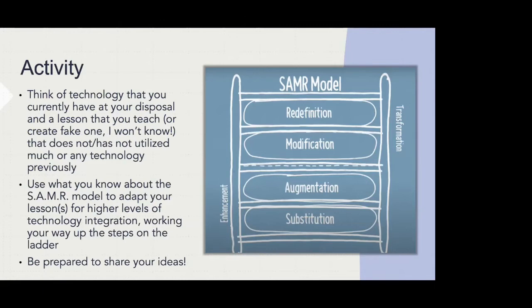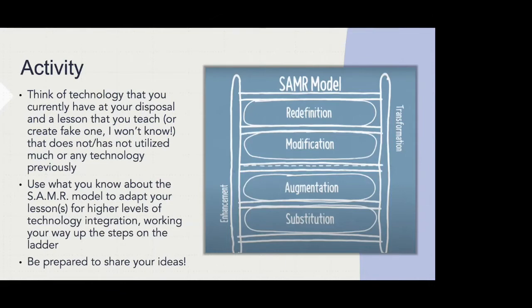So now that you've heard me explain the SAMR model, you've heard Dr. Rubin, the guy who came up with it, talk about the SAMR model, I'm curious, can you use what you've learned about it to adapt your lesson that maybe previously didn't have a lot of technology integration for higher levels of technology integration, so that you can work your way up this SAMR ladder, as it were.